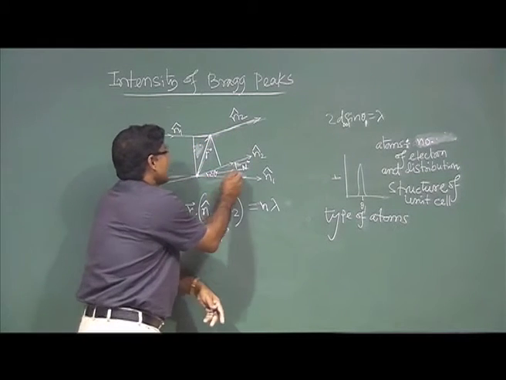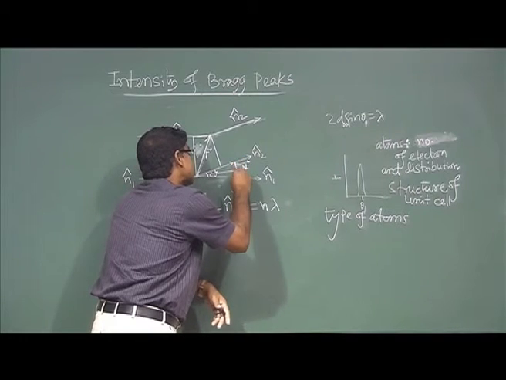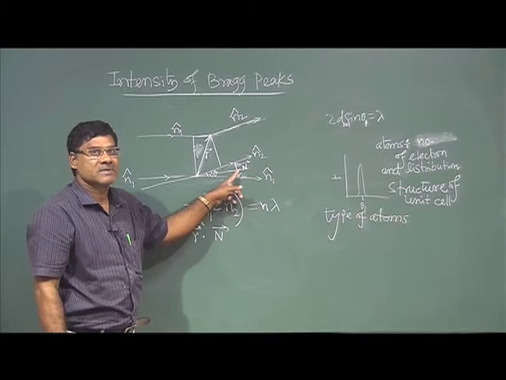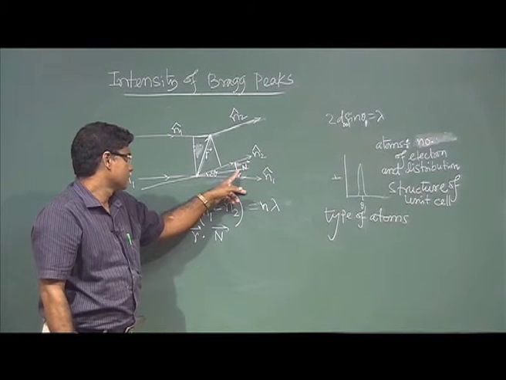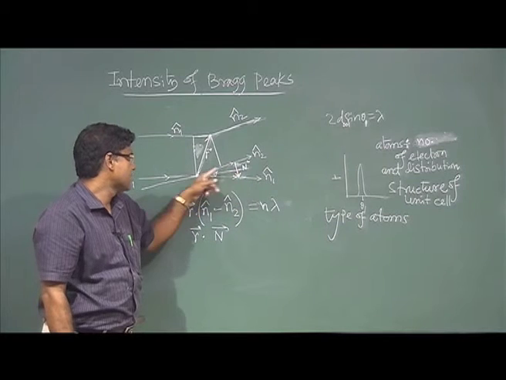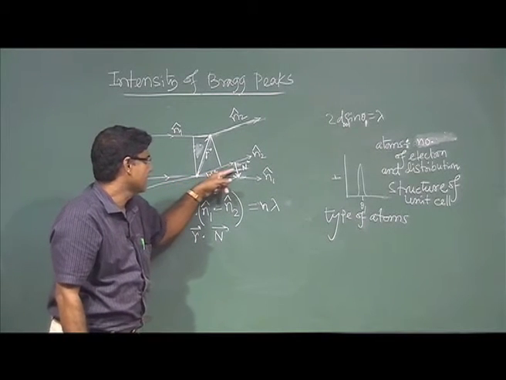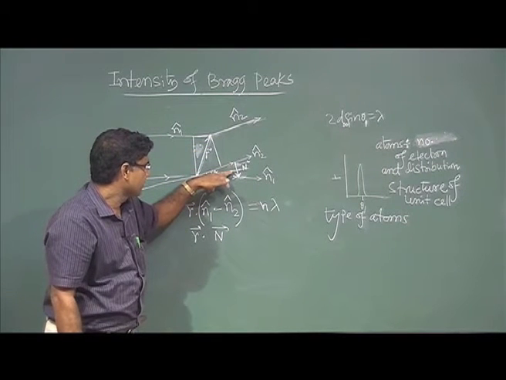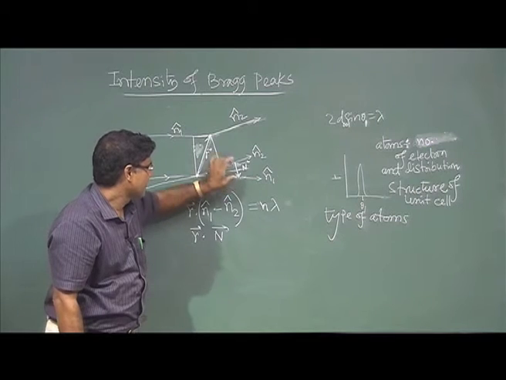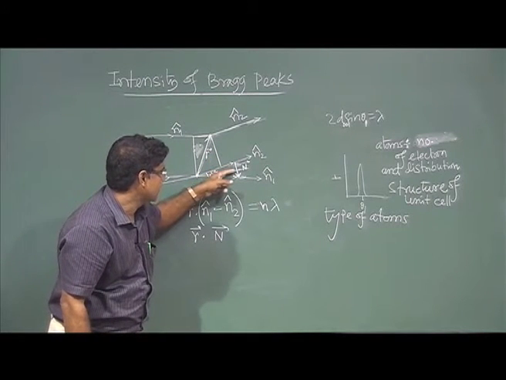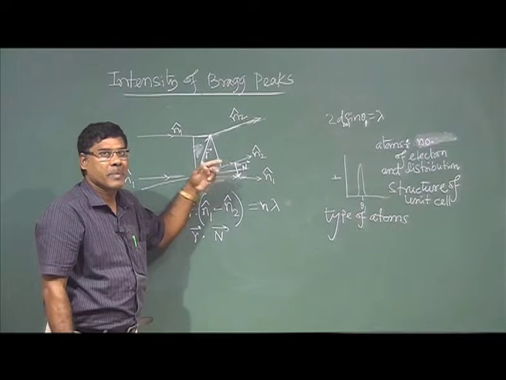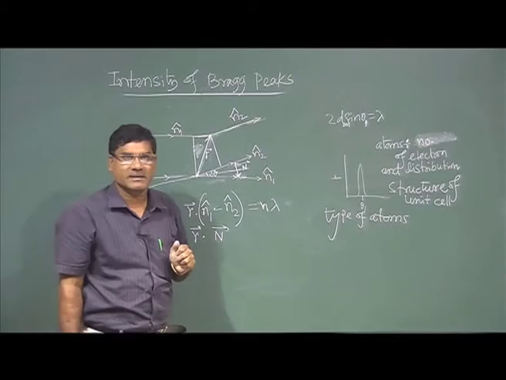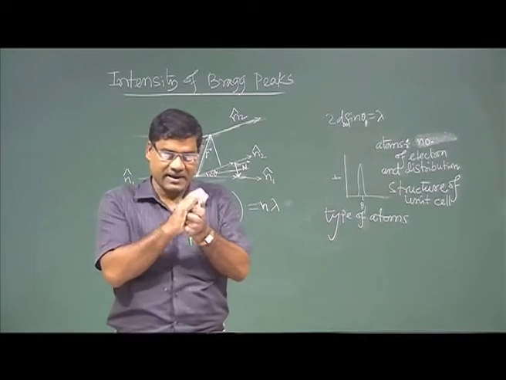So now we can see that this capital N is nothing but the crystal plane, this one, which is basically the perpendicular bisector of this one. That we have seen earlier, this crystal plane.